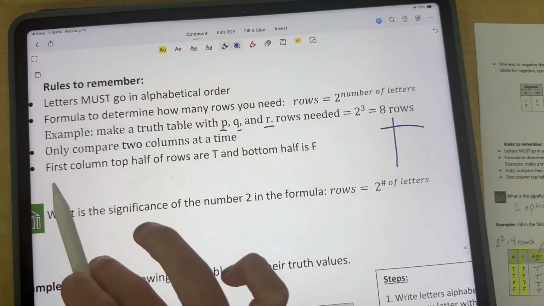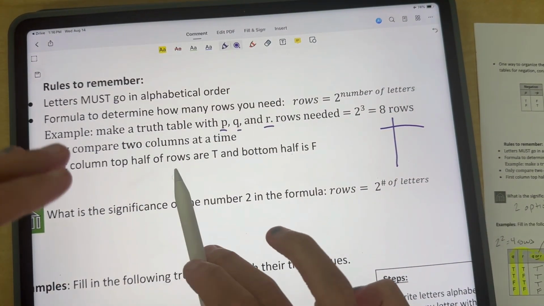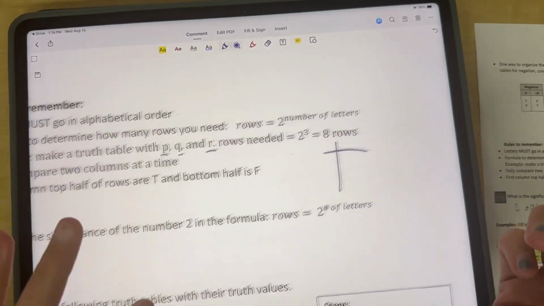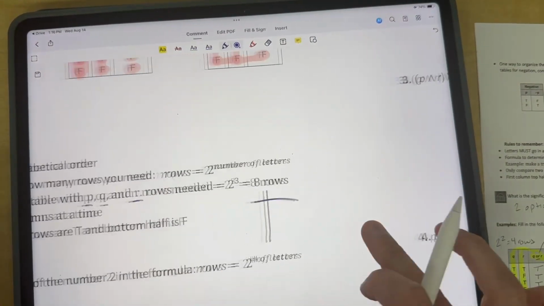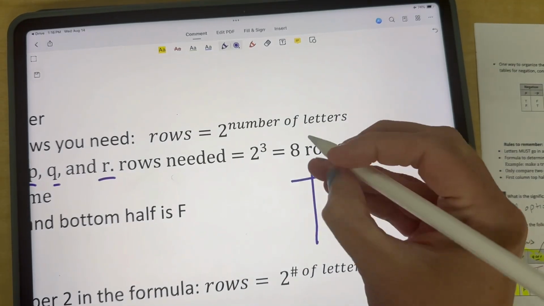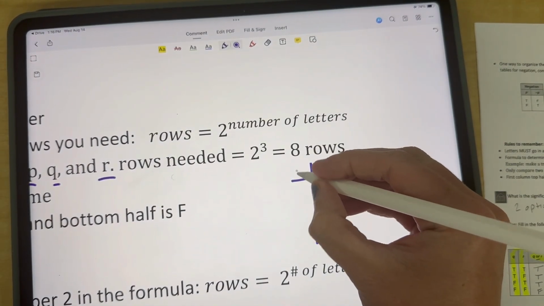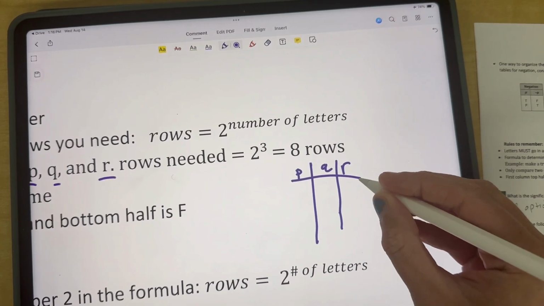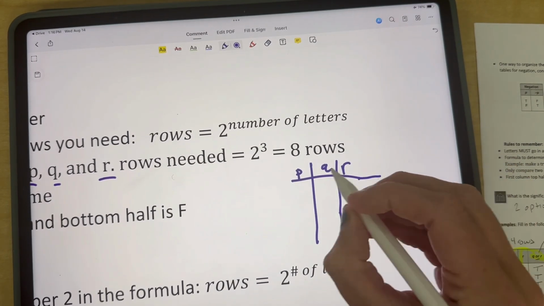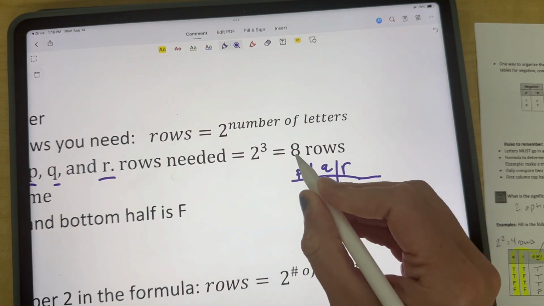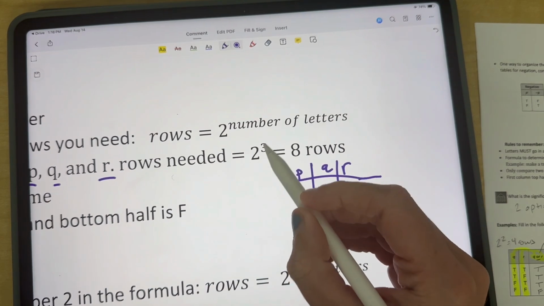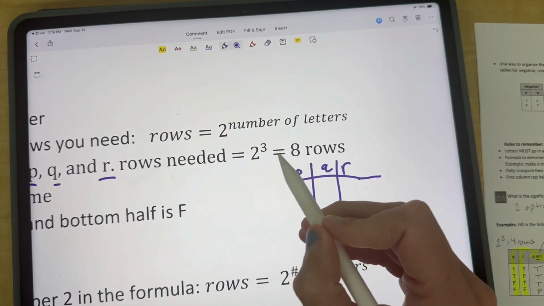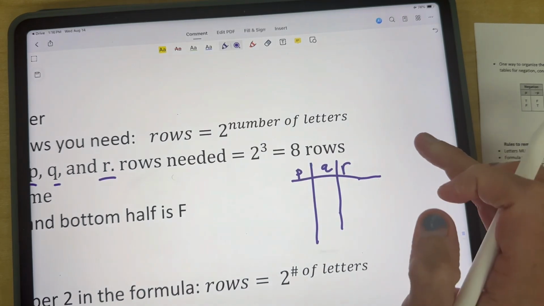The first column: the top half rows are T and the bottom half rows are F. In this case, we had P, Q, R. You're going to do 8 rows because we have 3 letters, P, Q, R. So 2 to the third equals 8, because 2 times 2 times 2 is 8.